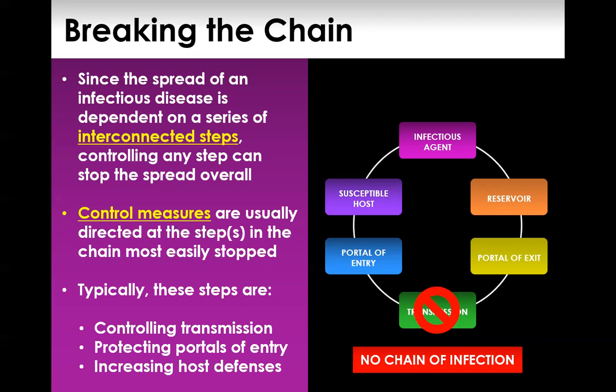And we can increase host defenses: by vaccines, by eating healthy foods, plenty of fruits and vegetables, getting enough hydration and enough rest. Those are all ways we can increase our host defenses, and these are things you should teach your patients.